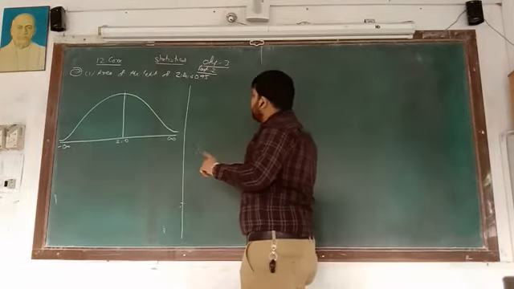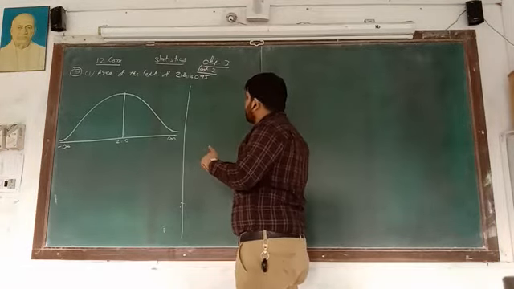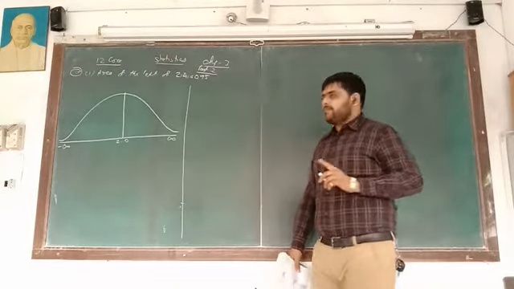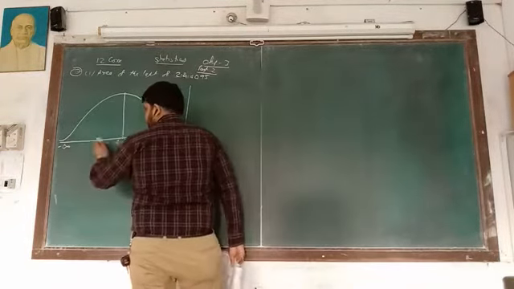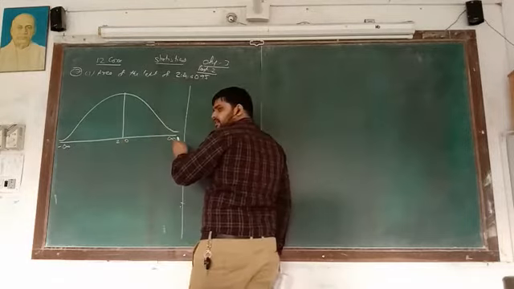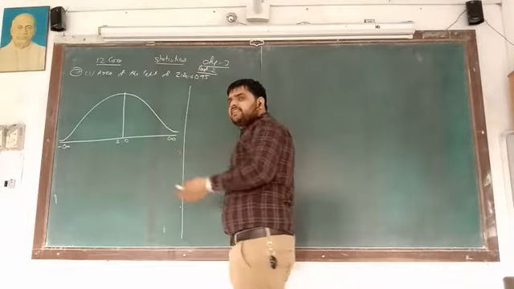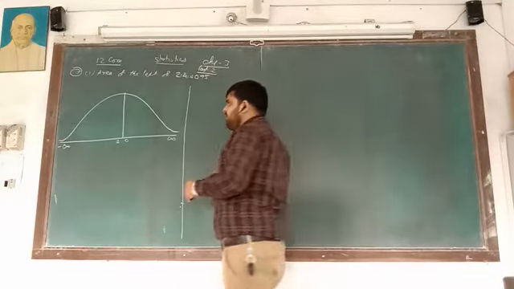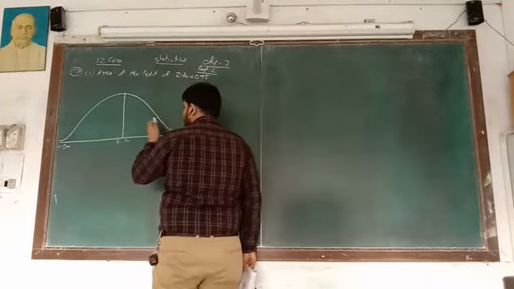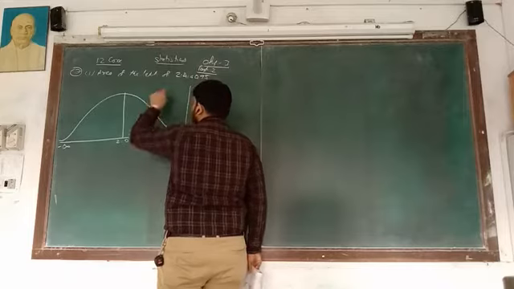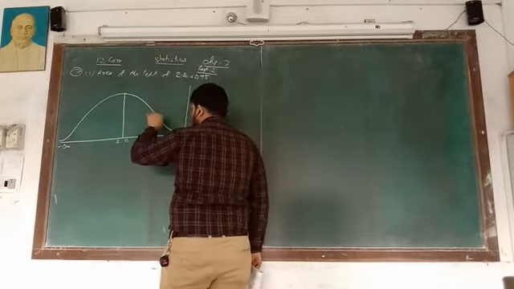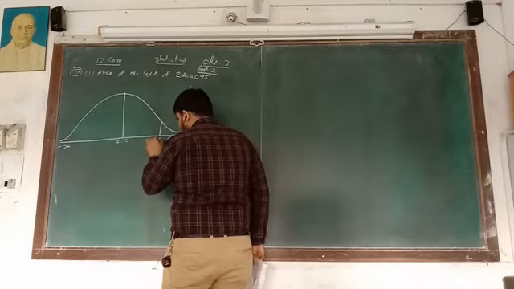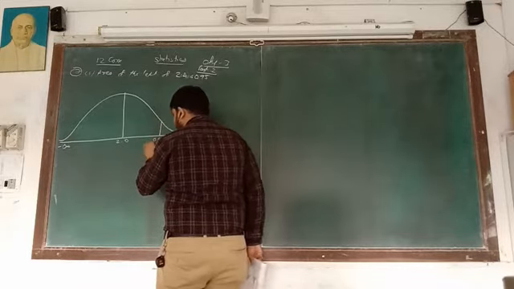The left-hand side of z1 is equal to 0.95. Now, as we know, this is the minus side, this is the plus side, and the value of both sides is 0.5, 0.5. So definitely this is 0.5, and the plus side goes up to z1, where 0.95 is there. That is the value of z1.